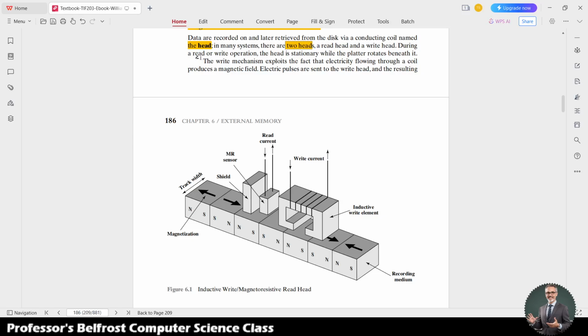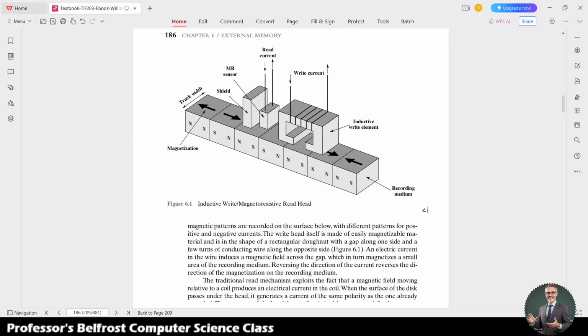During a read or write operation, the head is stationary while the platter rotates beneath it. The write mechanism relies on the fact that electricity flowing through a coil produces a magnetic field. Electric pulses are sent to the write head, and the resulting magnetic pattern is recorded on the surface below, with different patterns for positive and negative current.